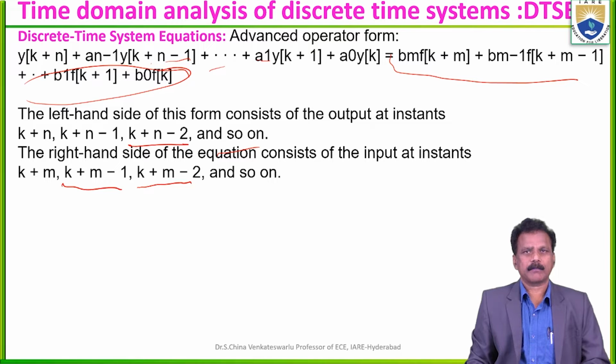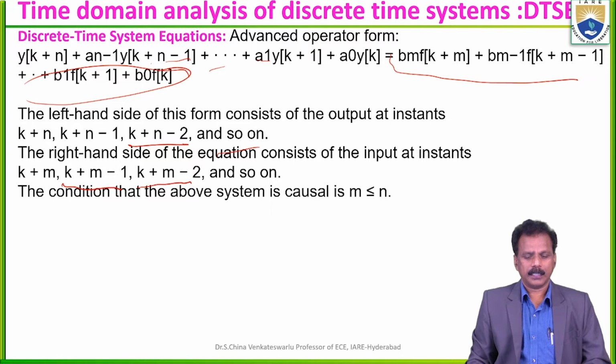The condition for the above system to be causal is m less than or equal to n.